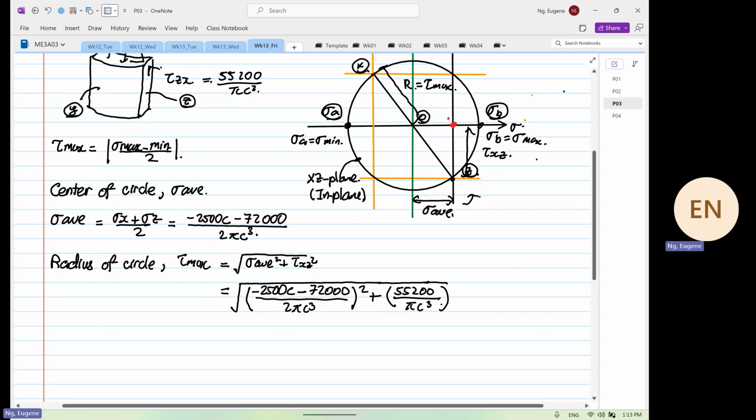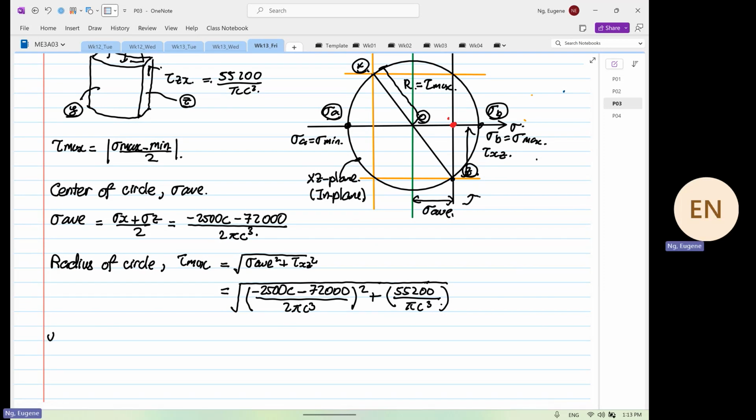So from here, we can determine our stress max and our stress mean. This is equal to stress average plus or minus your tau max. Basically, we are looking at our principal stress magnitude.